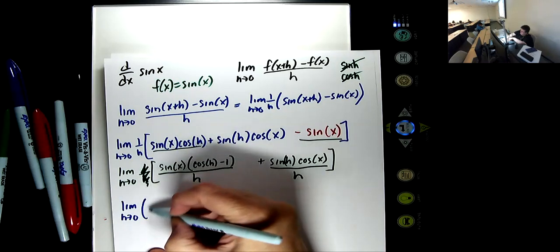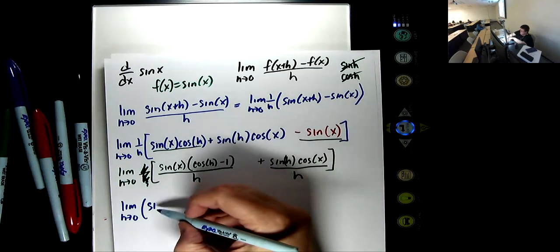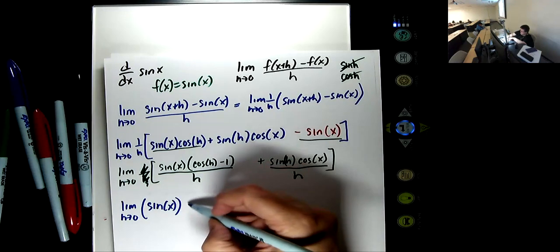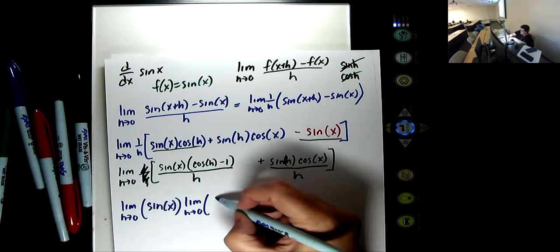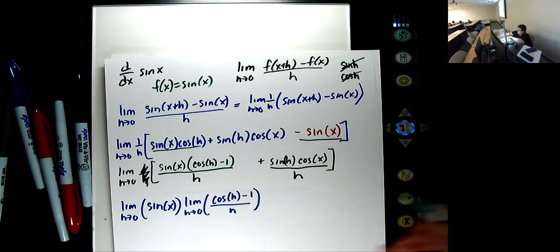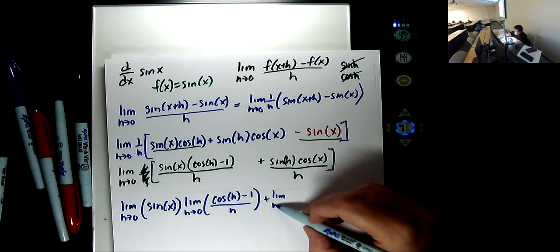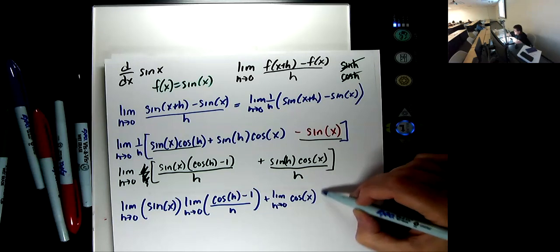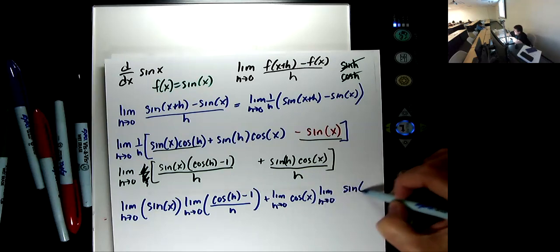Let's just do it the long form way. I have the limit as h goes to 0 of sine x, and I'm going to put the h with the cosine function. This is going to be multiplied by cosine of h minus 1 over h. And we'll do the same thing over here. We've got the limit as h goes to 0 of cosine x times the limit as h goes to 0 of sine h over h.